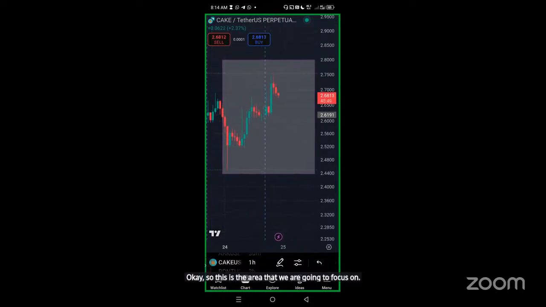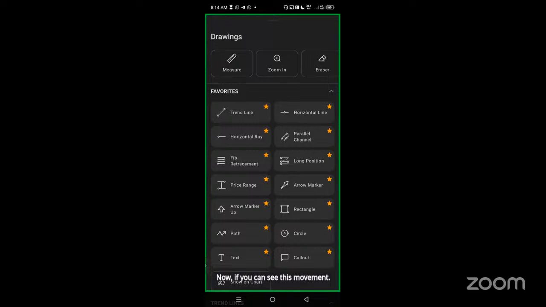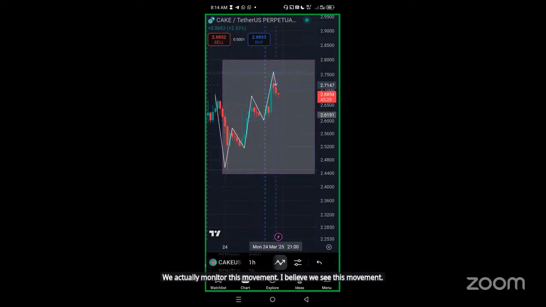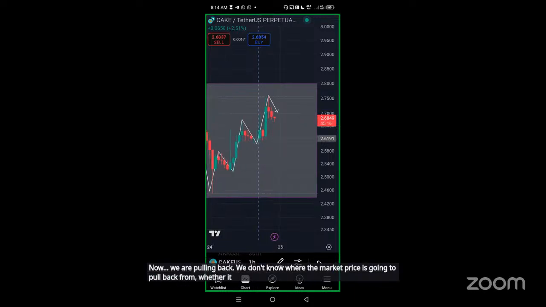Now, if you can see this movement, we are actually monitoring this movement. Now we are pulling back, right? We don't know where the market price is going to pull back from, whether it is a pullback or a trend reversal to the downside.